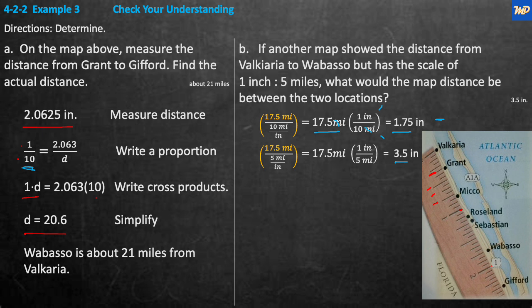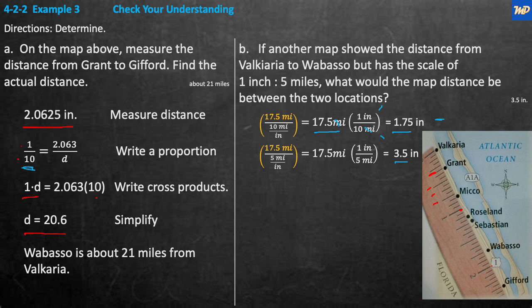So now for the second one, the new problem, 17.5 miles divided by 5 miles per inch is equal to 17.5 miles, same 17.5 miles, times 1 over 5. And when you do that, you're going to get 17.5 times 1 is 17.5, and divided by 5 is going to be 3.5.